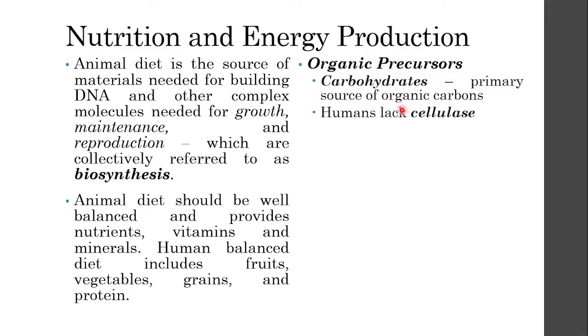One thing though is that humans lack cellulase. If you have noticed, you will see a lot of words that end in -ase. Usually, words that end in -ase are enzymes. So cellulase is an enzyme that digests cellulose.